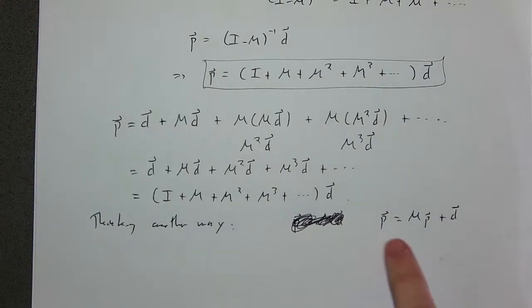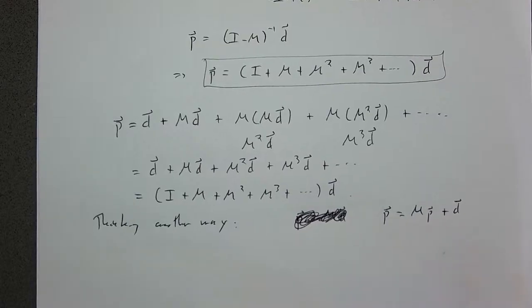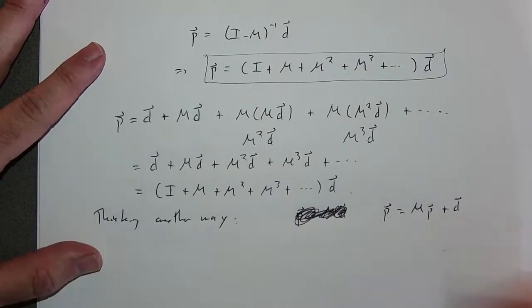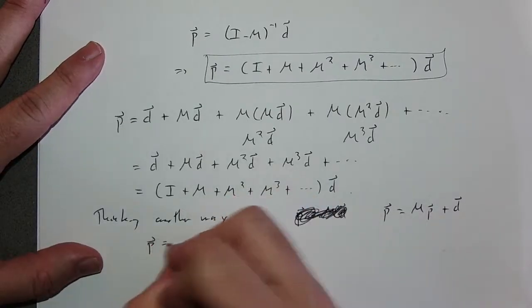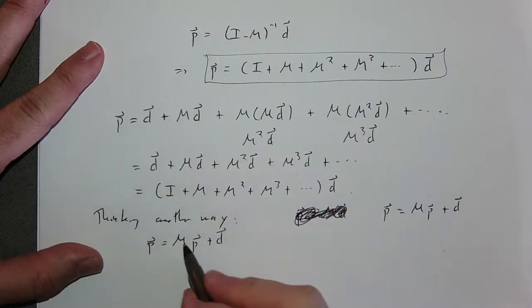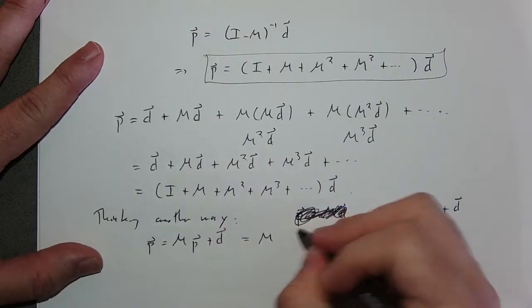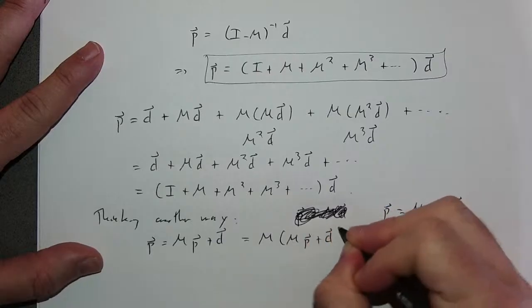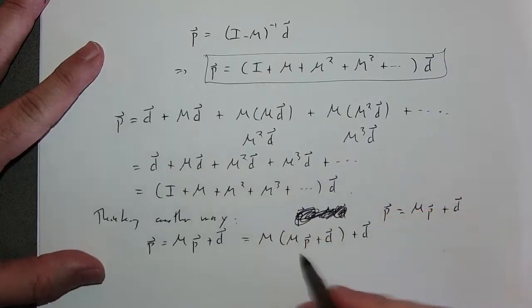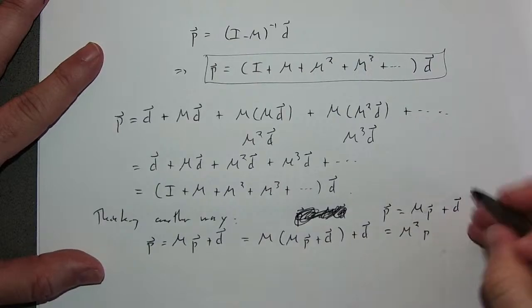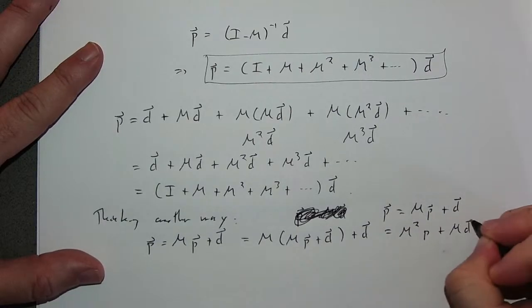So P is M times P plus D. But what is P? P is MP plus D. So this is M times (MP plus D), which is M squared P plus MD plus D.